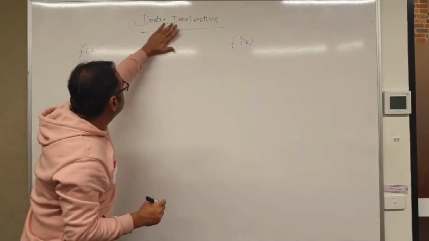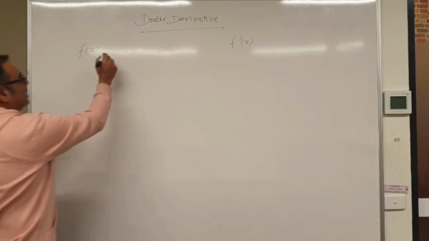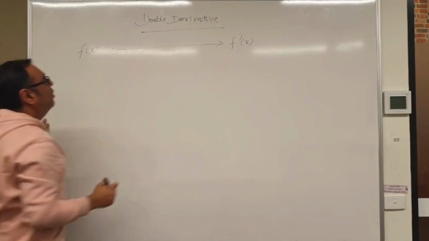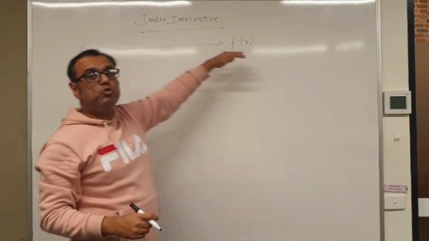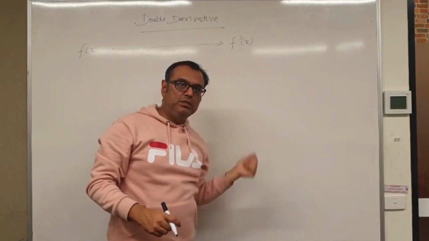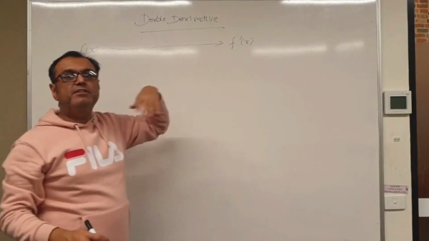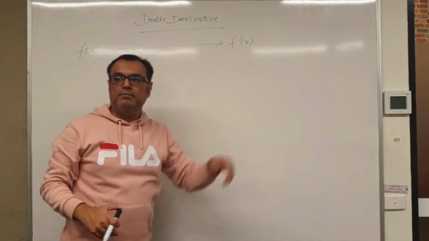Forget about the double derivative for a while. And let's understand how f of x, the function itself, is connected to its derivative. What information does the derivative give me?